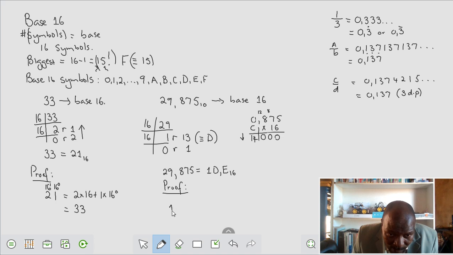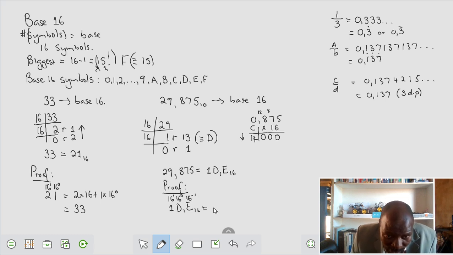It's 1D, comma E, base 16 being converted to base 10. Now this is 16 to the power of 1. This is 16 to the power of 0, the unit. This is 16 to the power of minus 1.